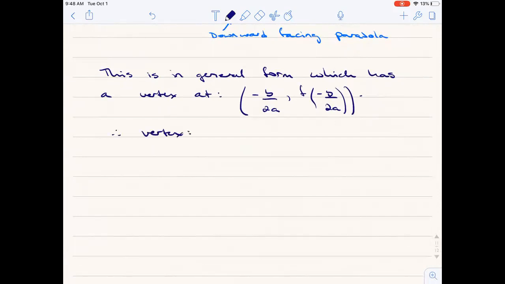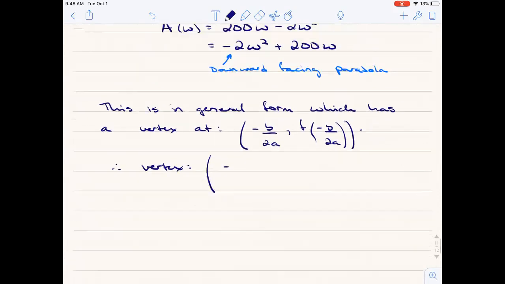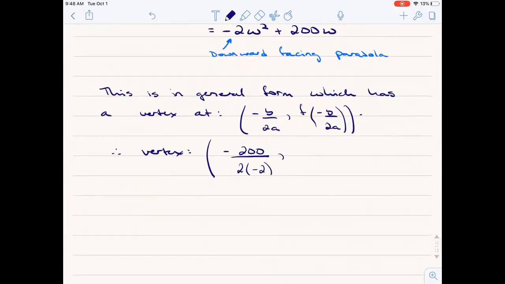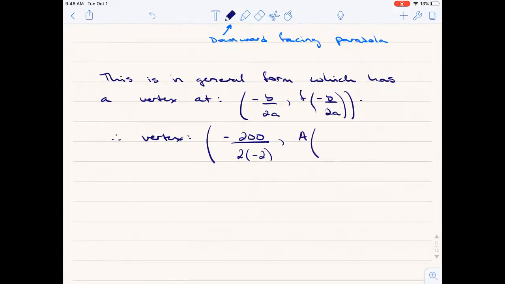Therefore, the vertex is at negative b, which is 200, over 2 times a, which is negative 2. And then I'll just do A of, our function's called A because it's the area, A at negative 200 over 2 times negative 2.